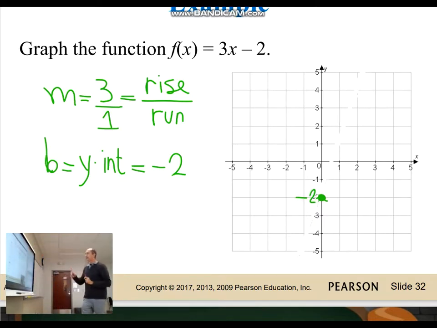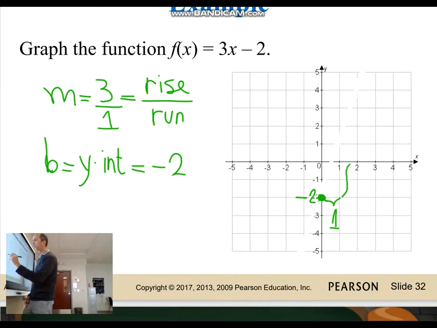Now we're going to run 1 unit to the right. So run 1 unit and rise 3 units. 1, 2, 3. Rise 3.